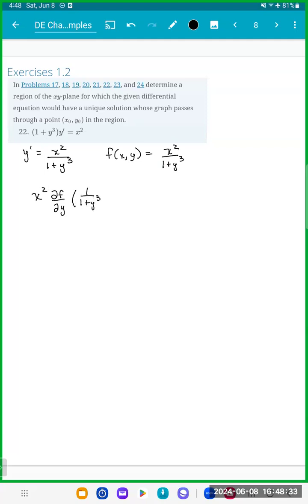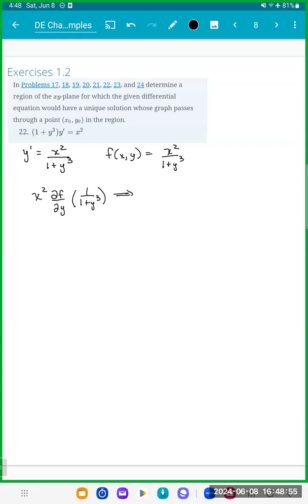Because we're only looking at this with respect to y. That's why we pull the x squared out, so the x is isolated and we're only taking that partial derivative with respect to y.